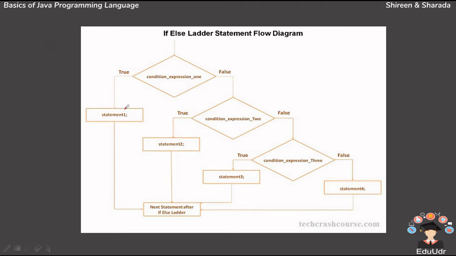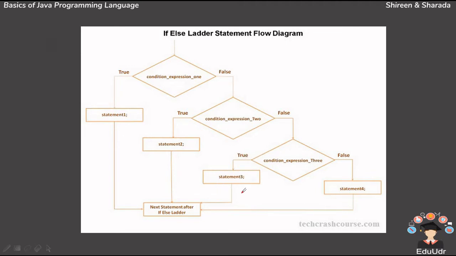See, if there is a condition and it holds true, then statement 1, which is in the if block, gets executed. If it is false, then the else block is executed, which is another condition. If that holds true, then the if block consisting of statement 2 is executed. Otherwise, an else block consisting of a condition is executed.